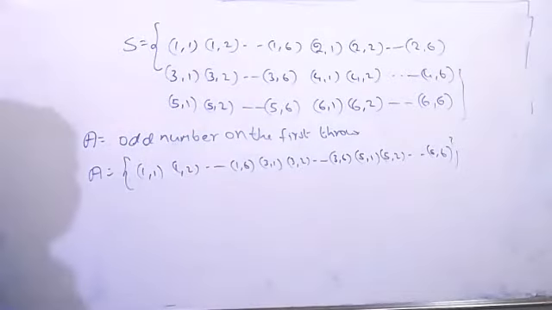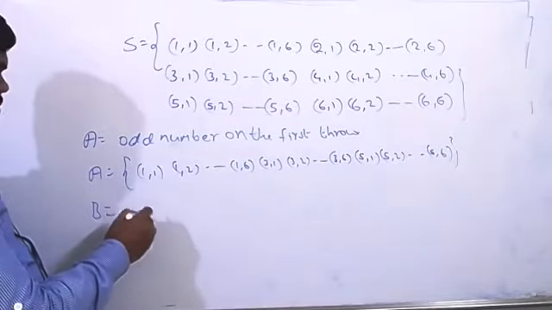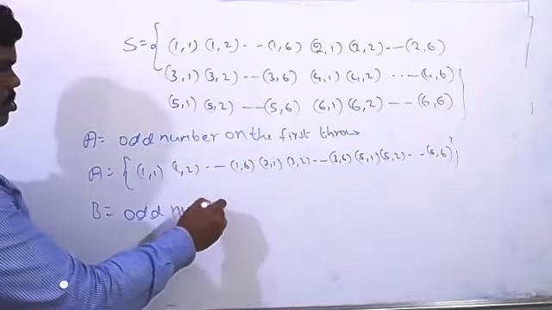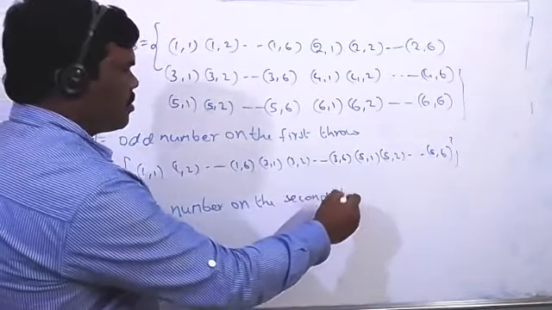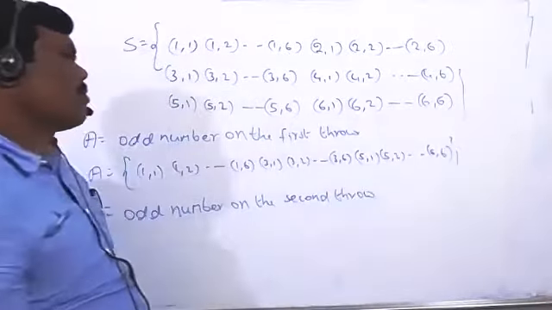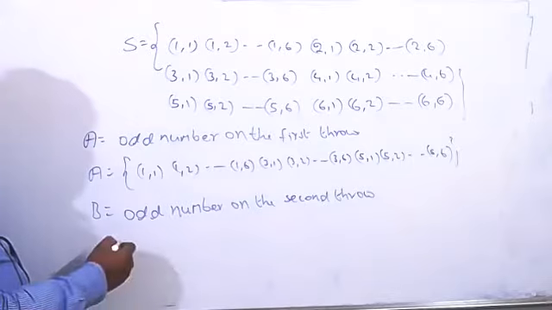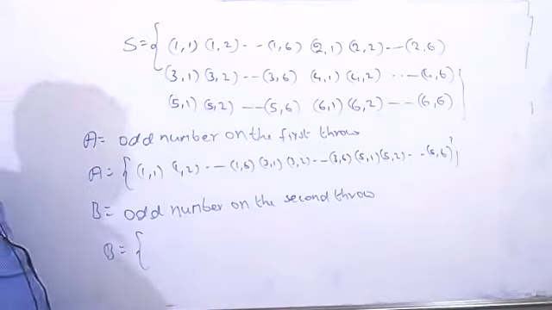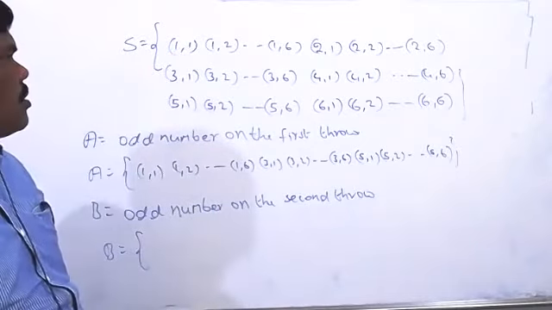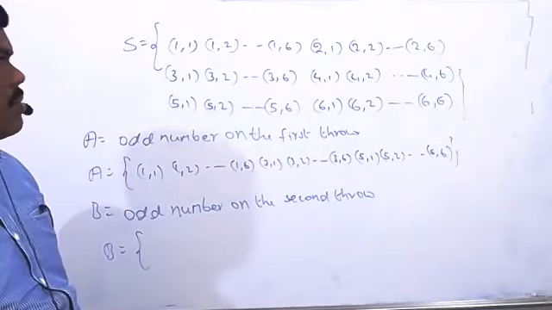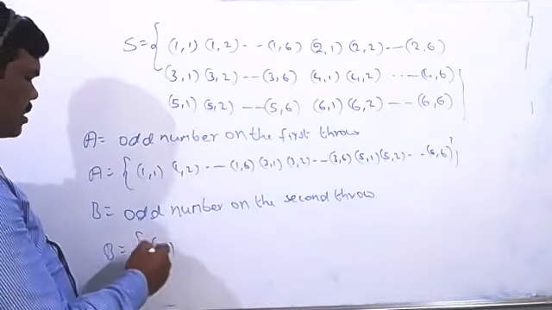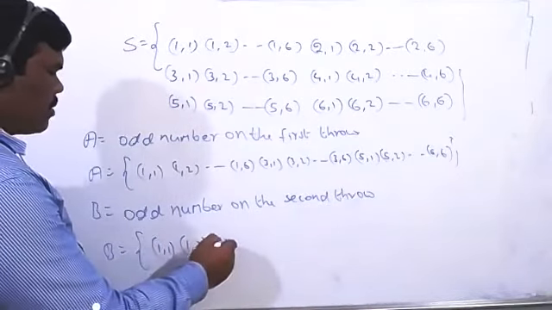And what is event B here? Odd number on the second throw. Tell me the outcomes. The first number is either even or odd, it doesn't matter; we have to see only the second number. So we get 1 comma 1, 1 comma 3 and 1 comma 5.